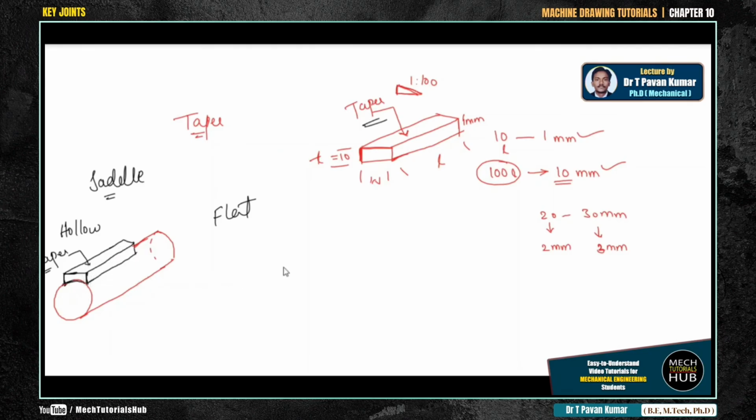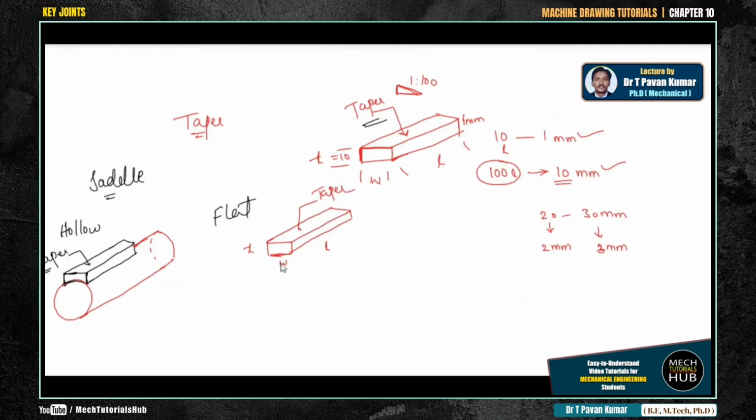If it is a flat key, then there will definitely be a flat bottom surface and a length throughout. All right, this is T, W, L and L. Obviously, there will be a taper on the top surface.